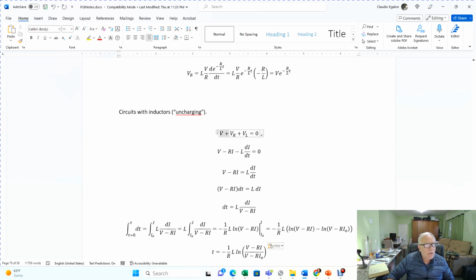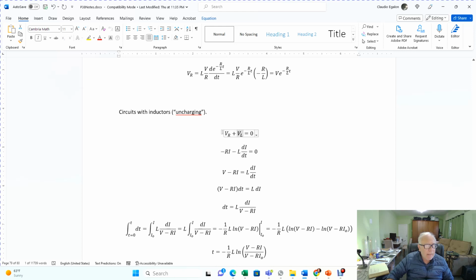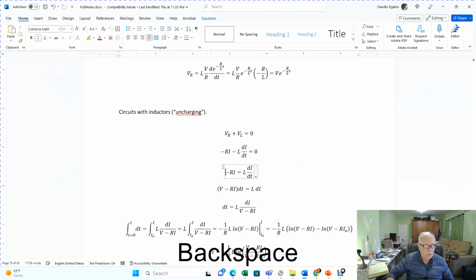So you go V sub R plus V sub L equal to 0. The electric potential is decreasing. Don't forget that the inductor is the one that's acting like a battery, but you gotta use the proper equation for that. So we have this situation here.